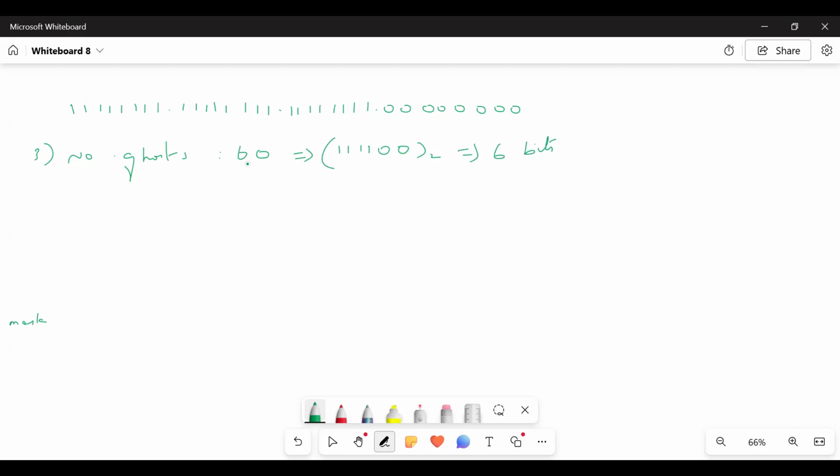Now we need to reserve 6 bits at the right-hand side, so thereby we can find the new subnet mask. Same 8 bits, 8 bits, 8 bits.